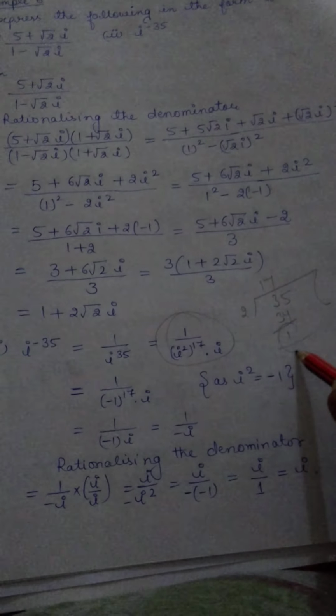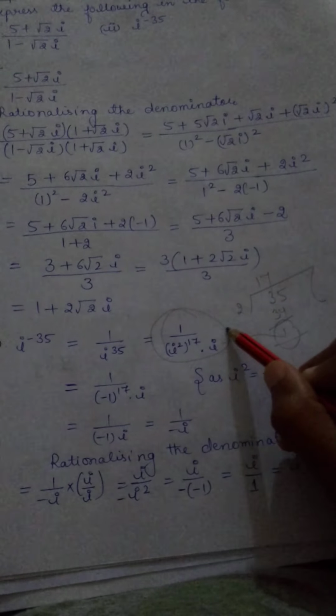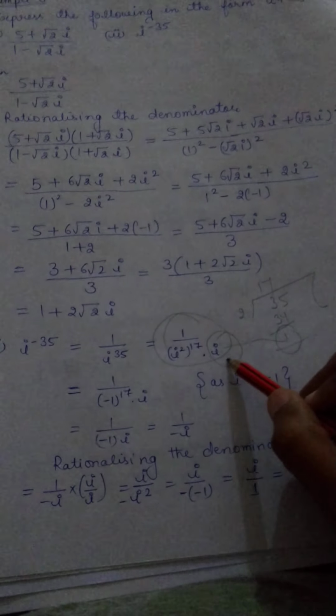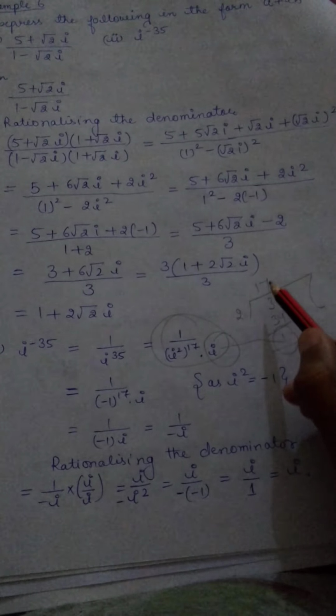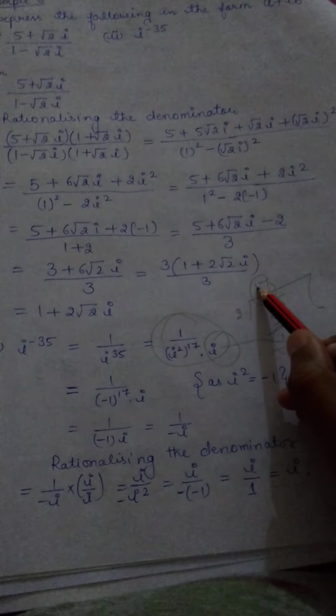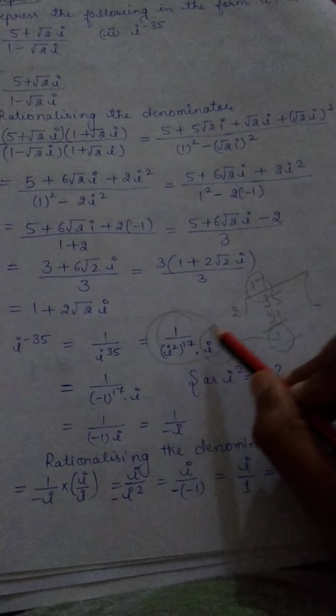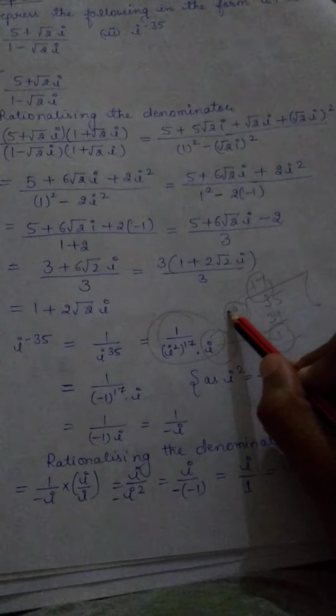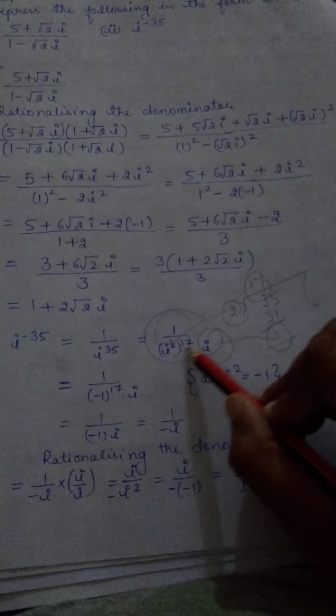So what you have got in the denominator is written in iota form separately, what you have got as the quotient, that you use as the power outside, and the number by which you are dividing, you use as the power inside.